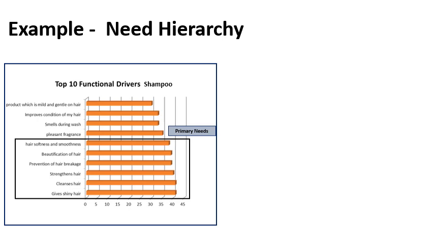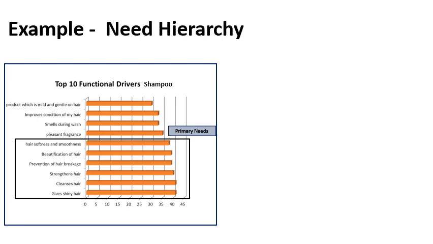shampoo, where the parameters which are highlighted here are the ones which we can classify as primary needs, because those are the most important needs which consumers believe the shampoo category plays in their life, which is it makes their hair shiny, it cleanses the hair, it strengthens hair, it prevents hair breakage, it makes the hair look beautiful, it makes the hair soft and smooth.